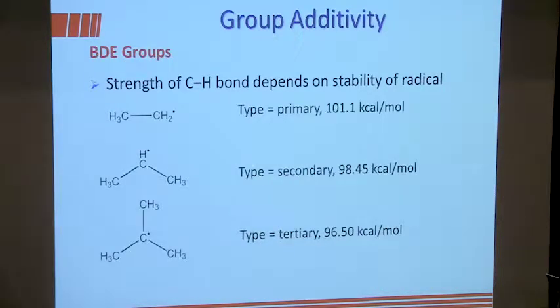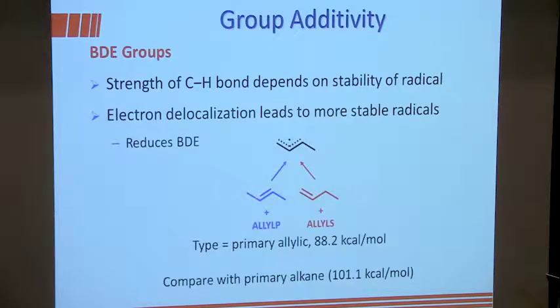It's much weaker. So a primary hydrogen here is 101.1 kilocalories per mole in an alkane. In an alkene, a primary allylic is 88.2, much weaker. Why? Because when you abstract the hydrogen atom, you get this resonantly stabilized structure, and so it stabilizes the system.